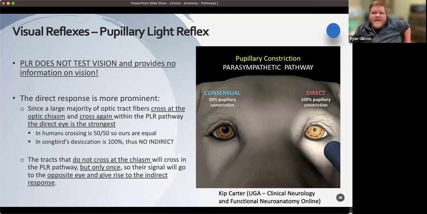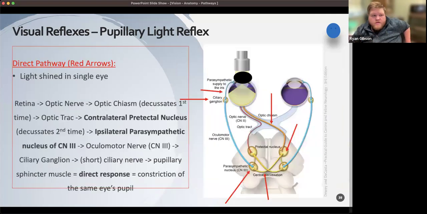So let's break this down a little bit. Let's focus on our direct pathway. We are going to stimulate this left eye. So we're going to shine light in. There it comes. There's the red eye. It's going to hit the retina. It's going to go through all of those layers that we talked about.